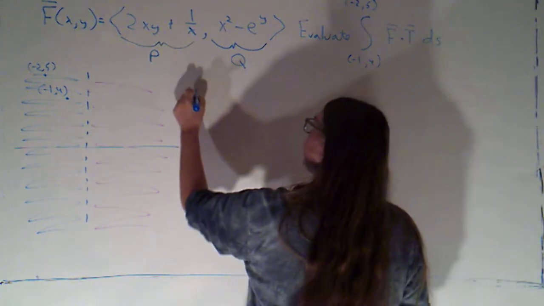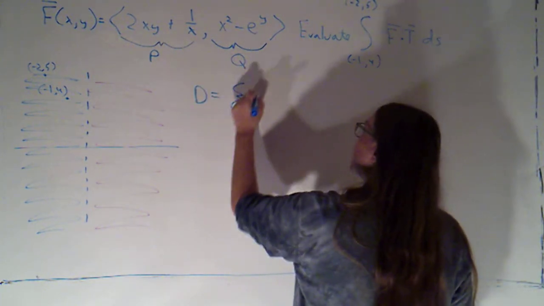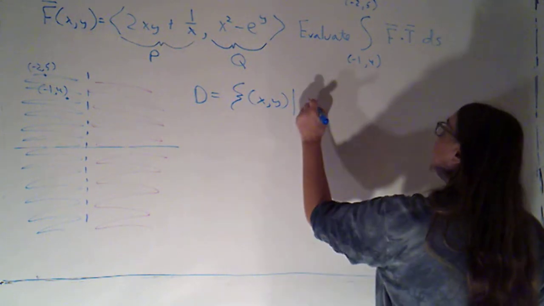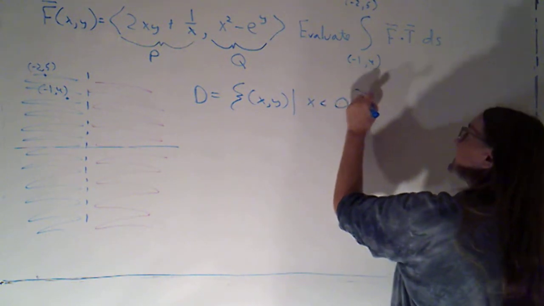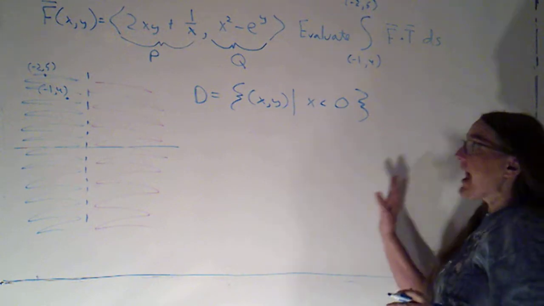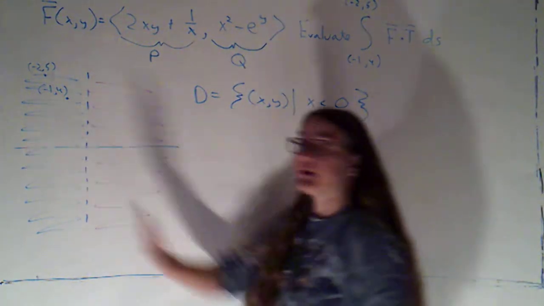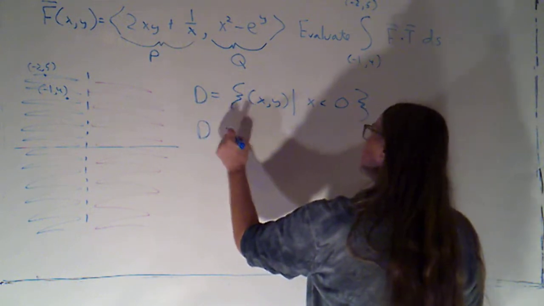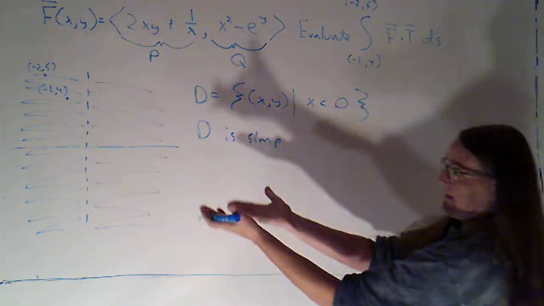So I'm going to define D to be the set of all points (x, y) such that x is strictly less than 0. That's this region that I've shaded in blue over here. And I can say that D is simply connected. I can just look at it and see no holes.